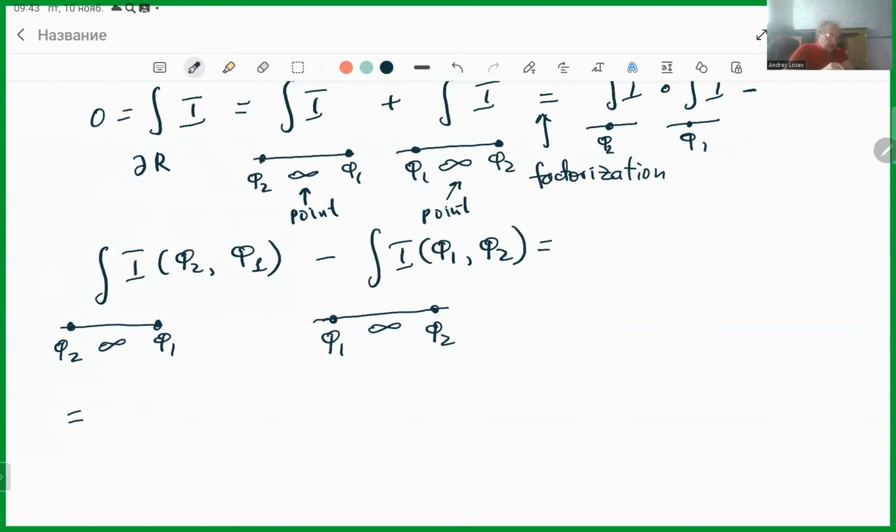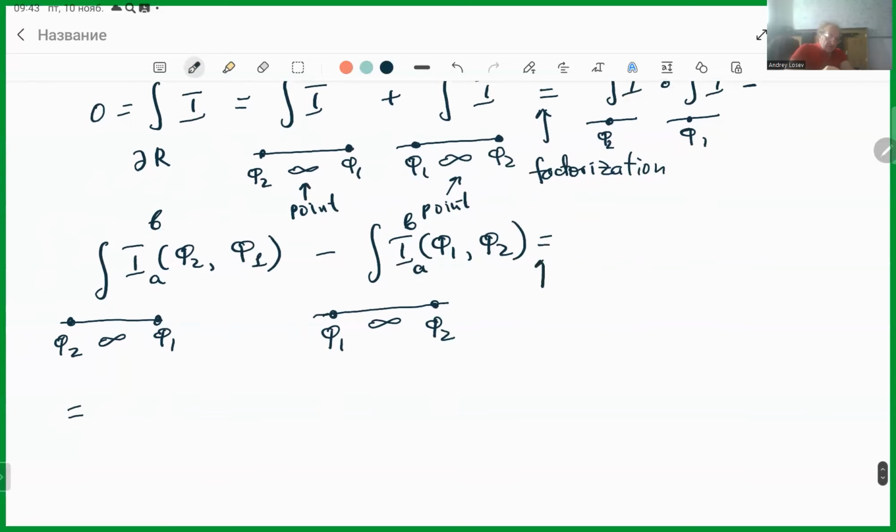And here I use factorization. And if you wish, I can put here AB, and I also put here AB. And here I use factorization.